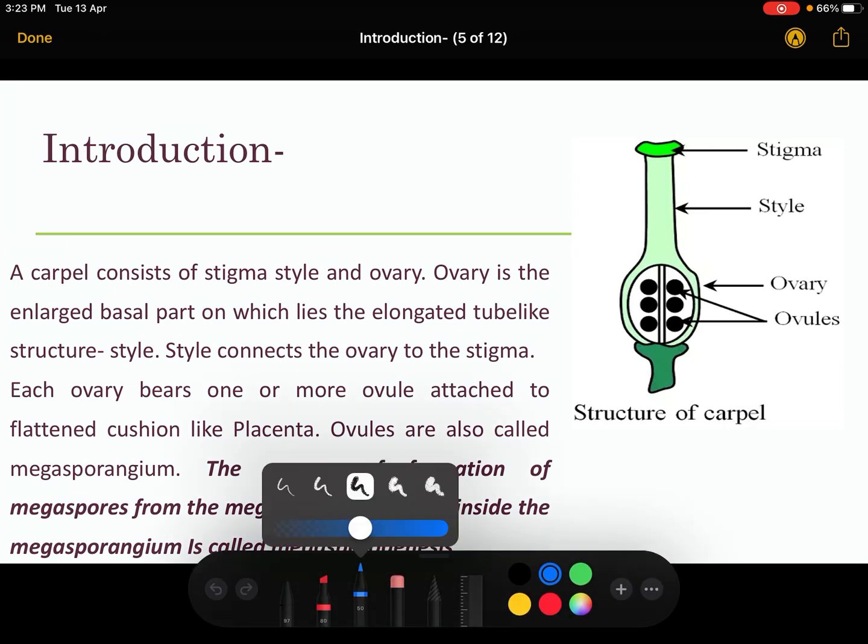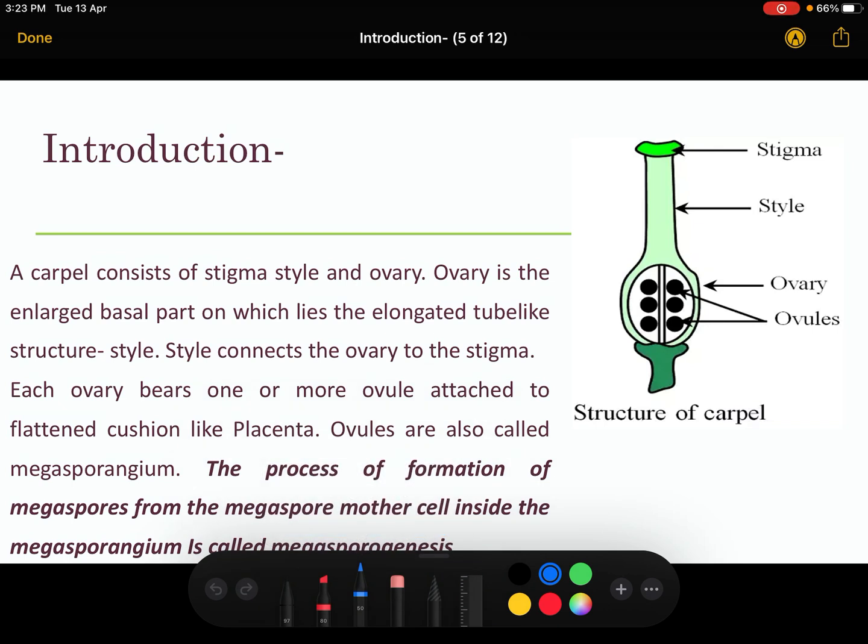This ovule is also called megasporangium, and the process of formation of megaspores from the megaspore mother cell inside the megasporangium is called megasporogenesis.